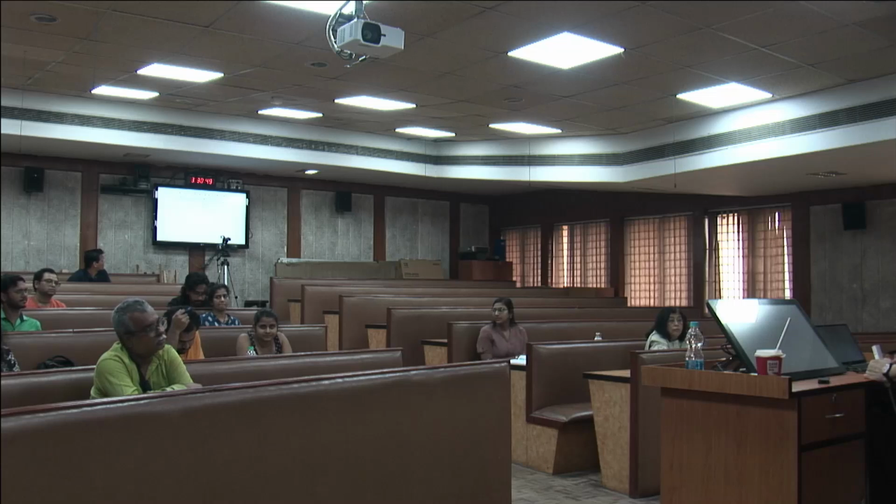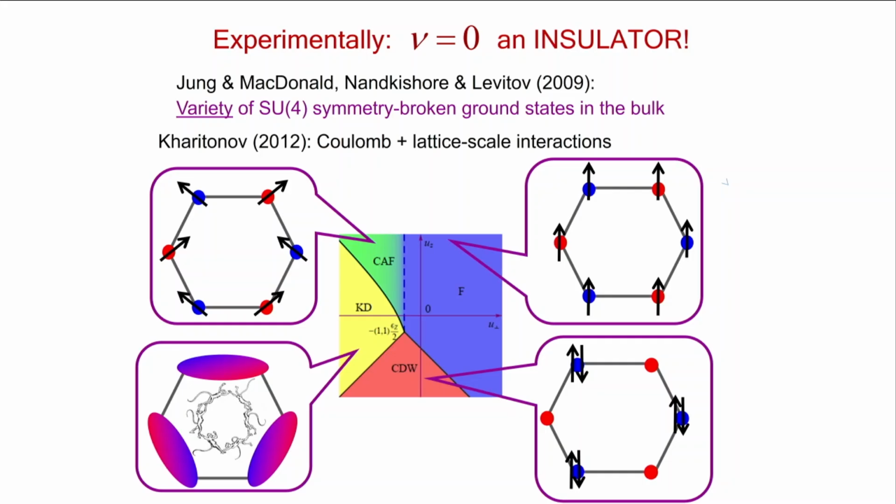I'm now reporting perhaps the earliest work that provided a tractable theory that considers all the possibilities. It is a very nice work by Kharitonov from 2012. Let me first go back and mention that if we have SU(4) symmetry, we have 4 flavors that are all the same, okay?